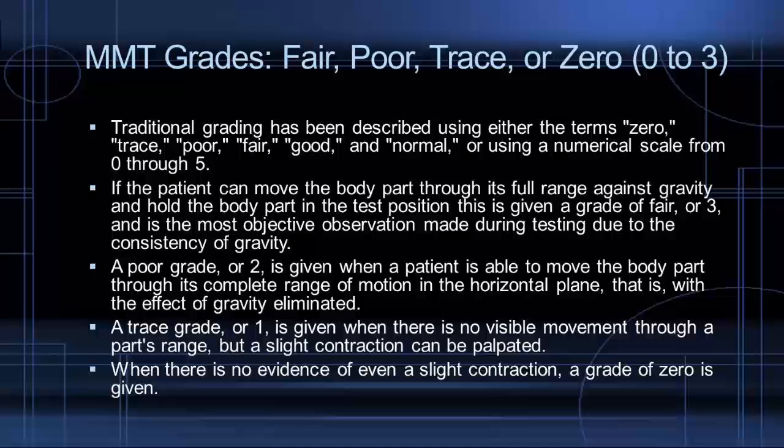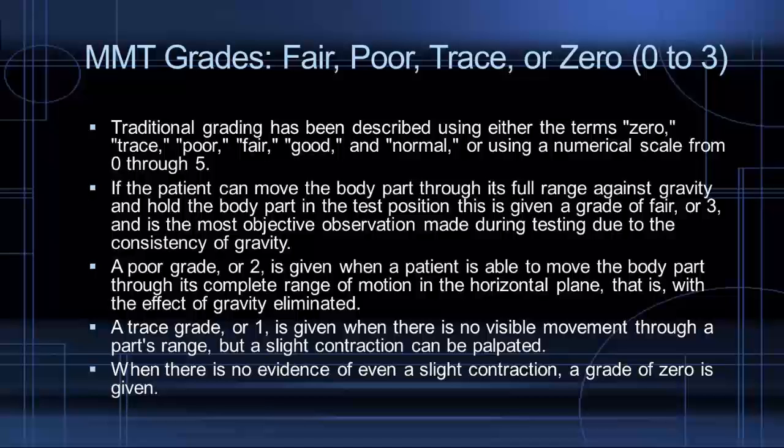It's a constant. If they can't do it against gravity, but they can move it through a full range of motion in the horizontal plane, in other words gravity eliminated, that's a 2.